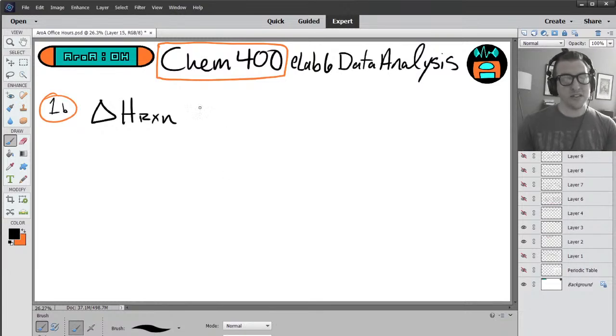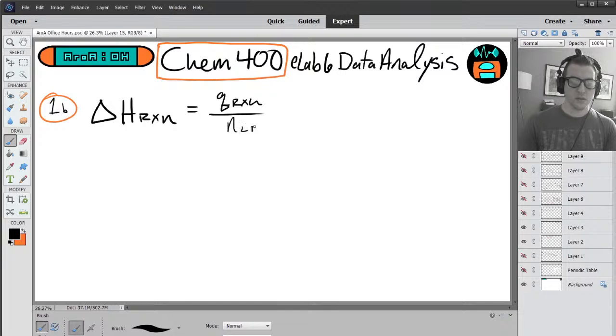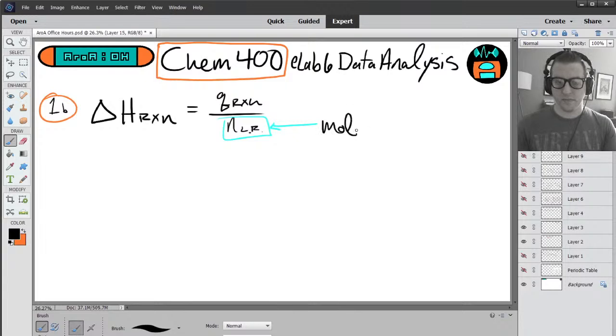Now, the way you calculate the change in enthalpy is the change in energy for your reaction. Here we're just going to do the Q of the reaction we just calculated, divided by this right here. This is moles of limiting reactant.